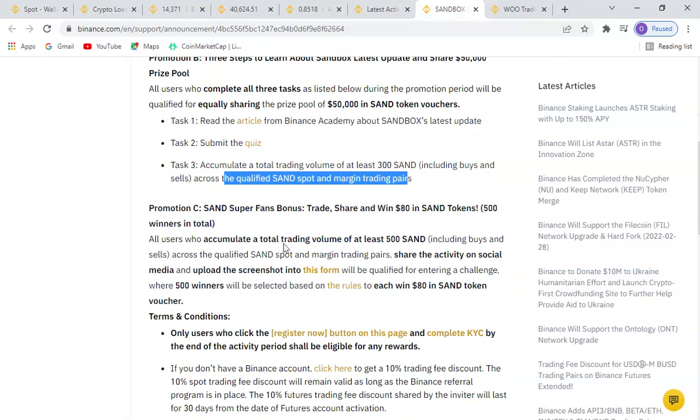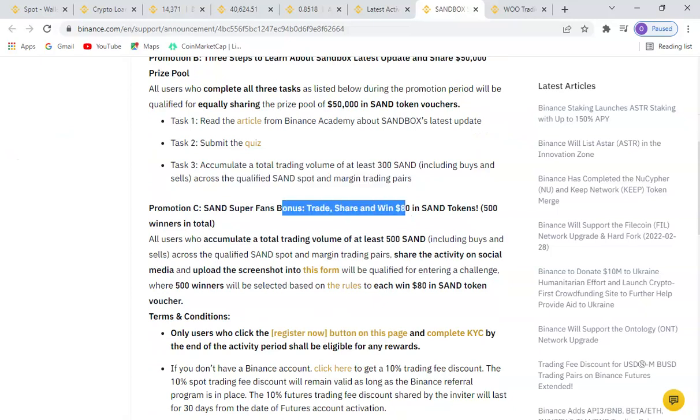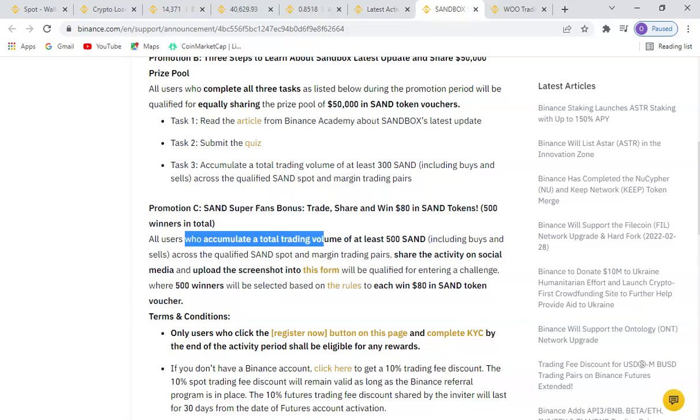For promotion C, as a new user, you want to check. It says all you need to do to qualify for this $80 reward is to accumulate a total trading of at least 500 Sand tokens, including buys and sells on the Binance platform.